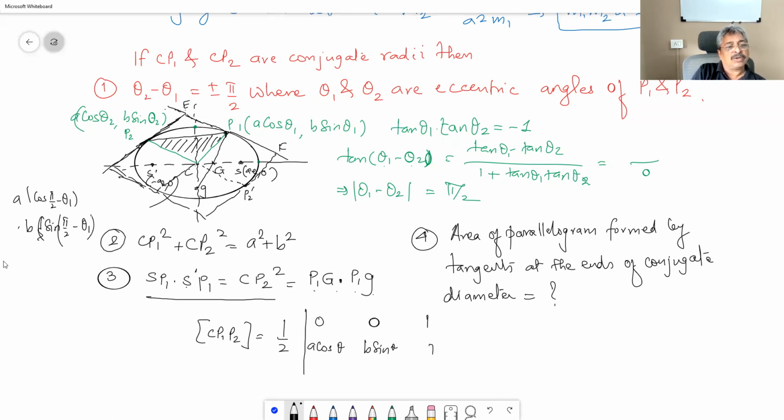Those are the coordinates of P2. So cos of pi by 2 minus theta 1 is sin theta 1. So A sin theta 1, B cos theta 1. This is CP1 P2.